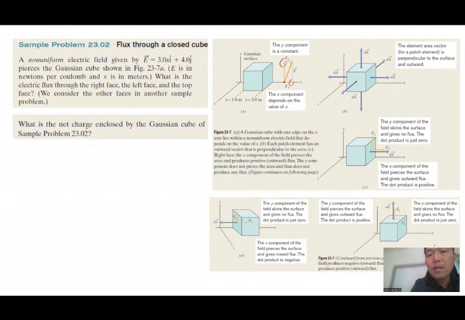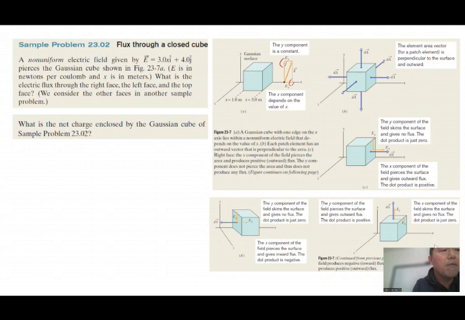That electric field passes through this Gaussian cube, and you can calculate the electric flux by integrating the electric field times the area vector over the x, y, z faces.